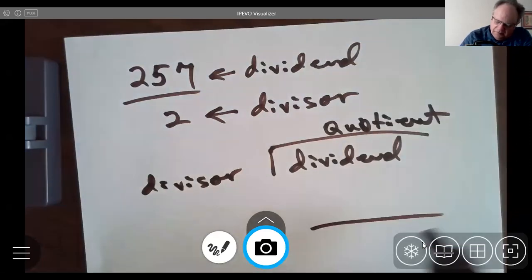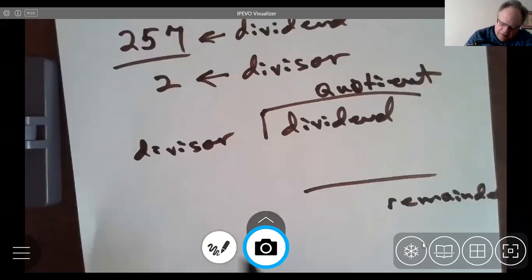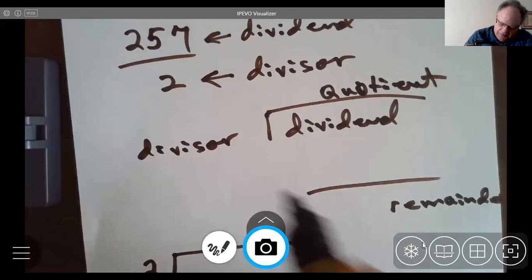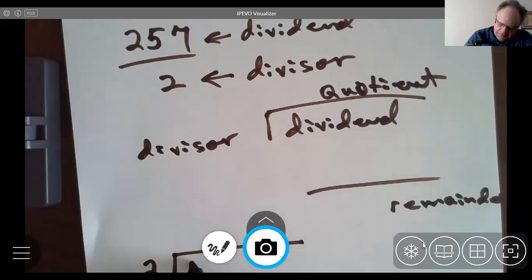And whatever's left over is the remainder. Okay, so the 2 is your divisor. That would go outside. The 257, that's your dividend. That goes inside.